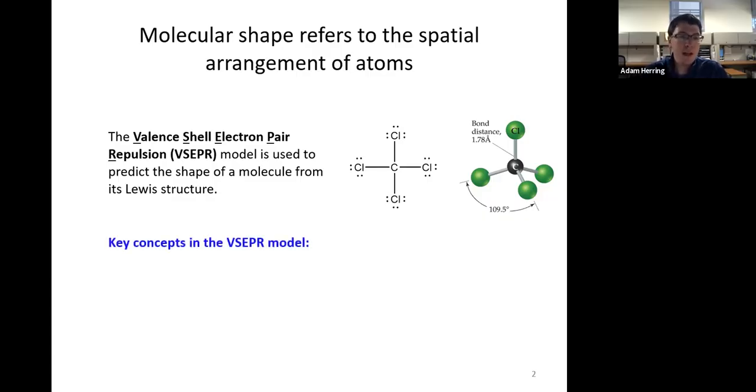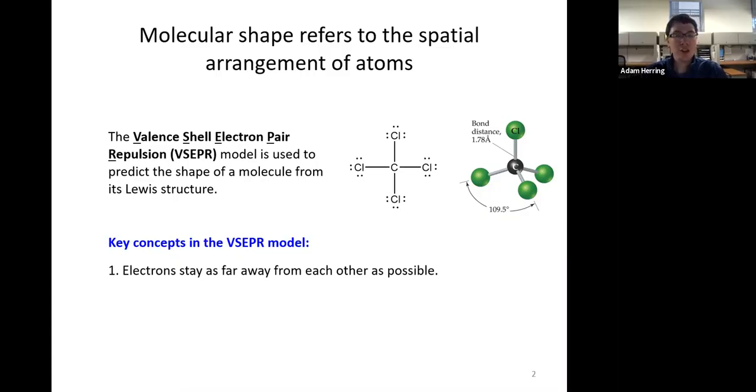There are three main concepts that we need to understand for the VSEPR model. The most important is that electrons want to stay as far away from each other as possible. And this makes sense, hopefully, because when we think about electrons interacting with other electrons, we know that they will repel.